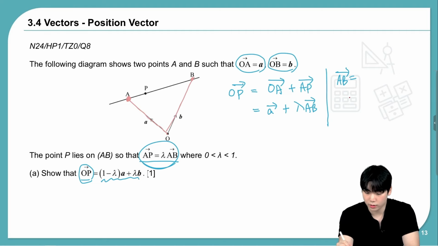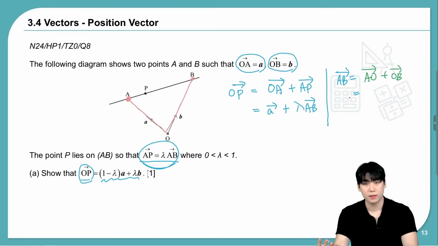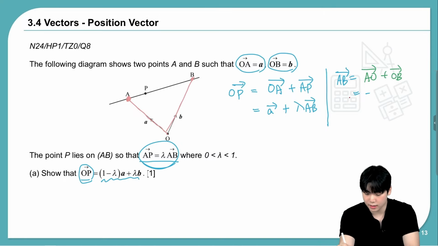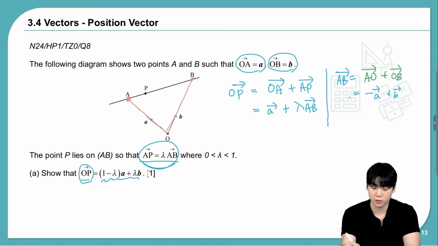So I can rewrite this whole thing as AO plus OB. What is AO? Since OA was vector A, that means AO is minus A, and OB is just B. So we derive that vector AB is minus A plus B, and substituting that in, I have vector A plus lambda times minus A plus B.